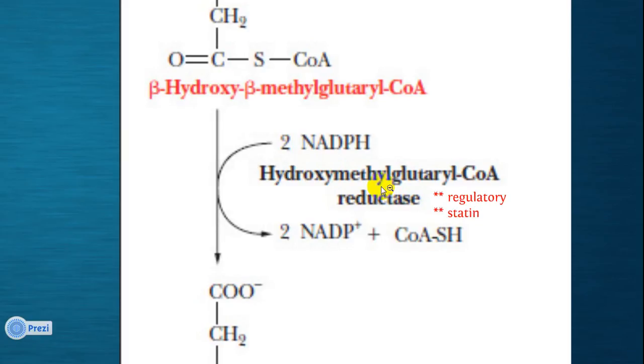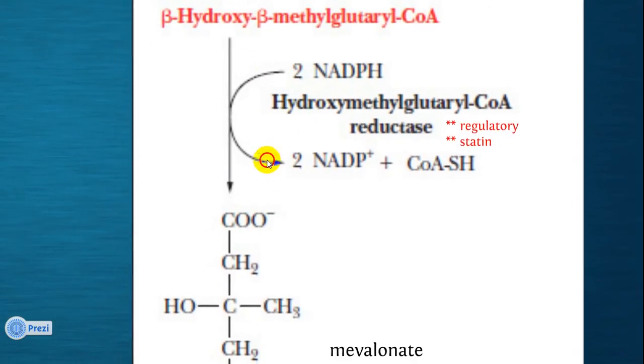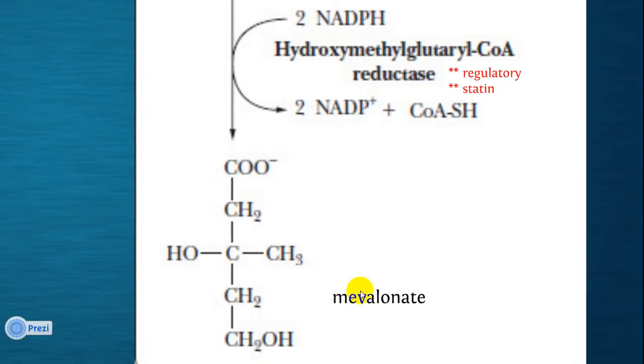They called this family of drugs that can inhibit the HMG-CoA reductase statins, like a drug called atorvastatin. Whatever the name of the drug, if you find this part in the name, statin, you can know that this type of drug will work on the HMG-CoA reductase. After that we will have a molecule called mevalonate.